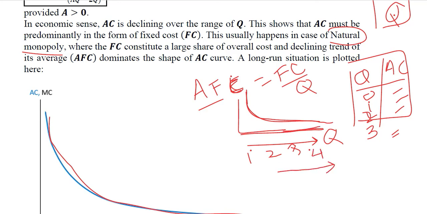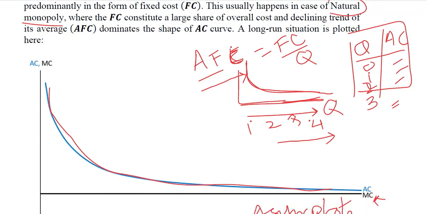So this higher level shows that we are dealing with a kind of natural monopoly, because the fixed cost is very high, and the average fixed cost accordingly will have this downward sloping trend. This actually is not just a downward sloping trend, it is basically known as the rectangular hyperbola.